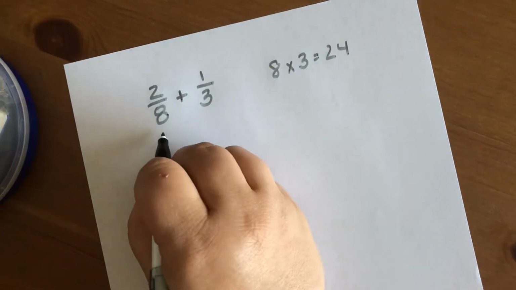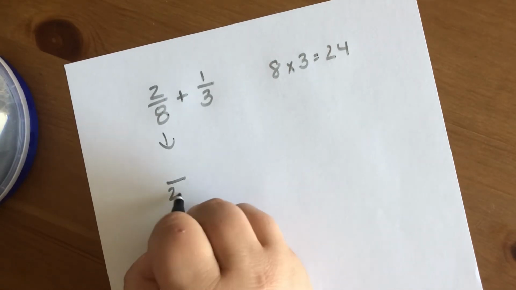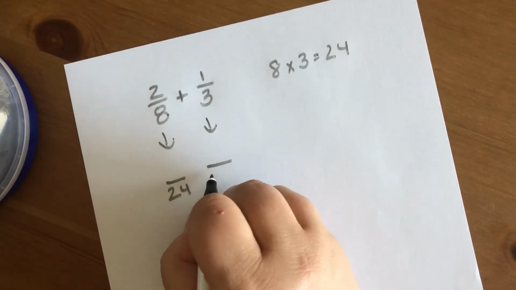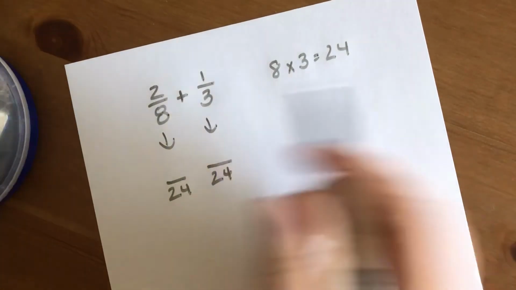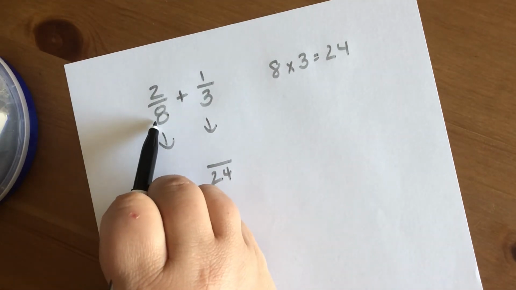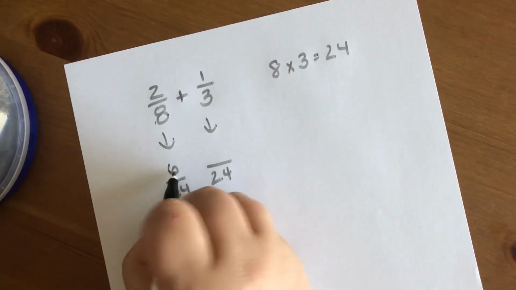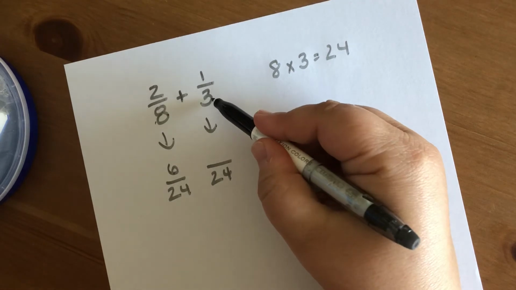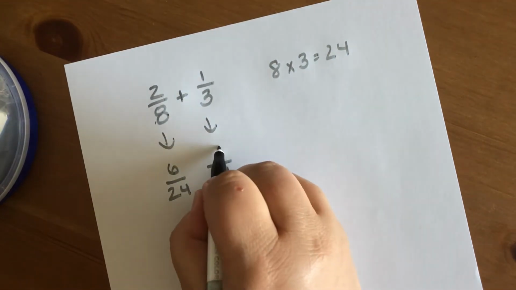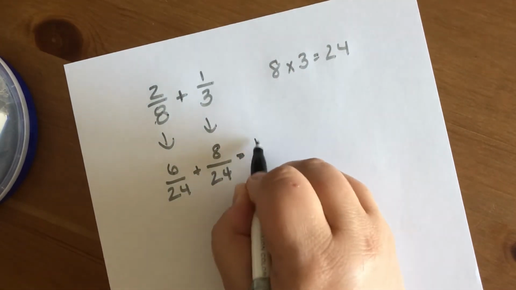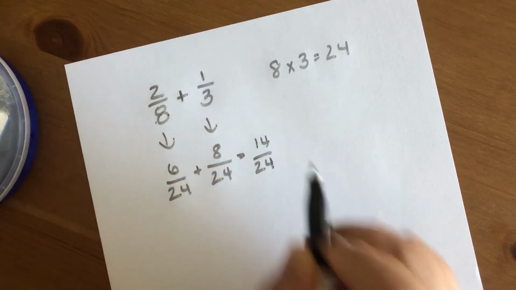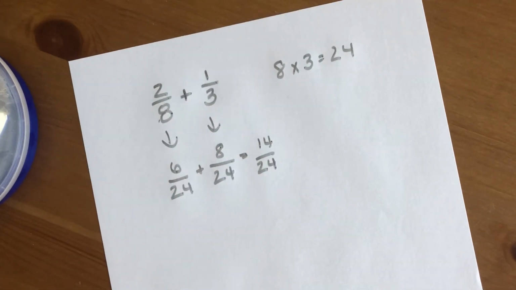Well, that's 24. So use 24 as your new denominator. 8 times 3 is 24. So 2 times 3 is 6. 3 times 8 is 24. So 1 times 8. It works exactly the same way. So you can just multiply those denominators and find a common one together because it's those shared factors.